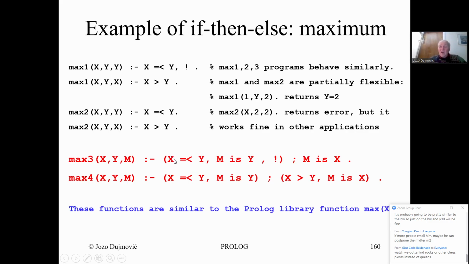We have here this pair of parentheses that can be omitted, by the way, and you have here a semicolon, and then after that you have M is X. You don't need to have these parentheses, but it's good to have them just to see that this is the first part and this is the second part. So what I do here in max3, I am practically trying to find whether X is less than Y. If this is not the case, I know that X is the maximum. So I immediately return M is X.